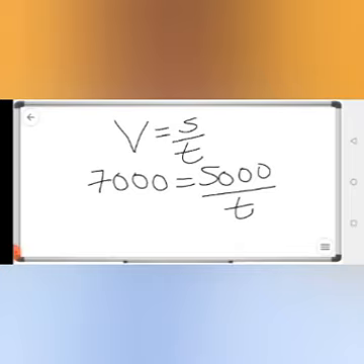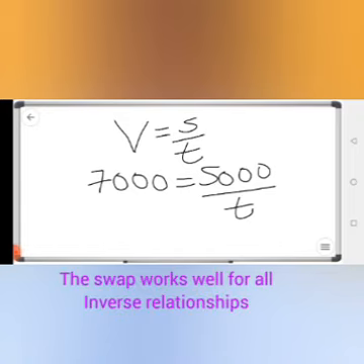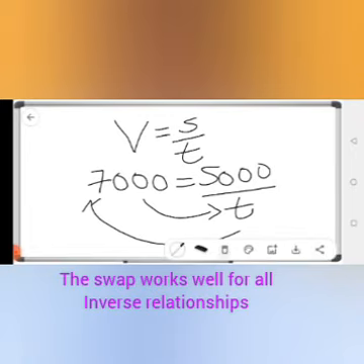Actually, when I see questions like this, what I do is a swap to make t the subject of the formula. So I will just take t to the position of 7,000 and I will take 7,000 to the position of t.